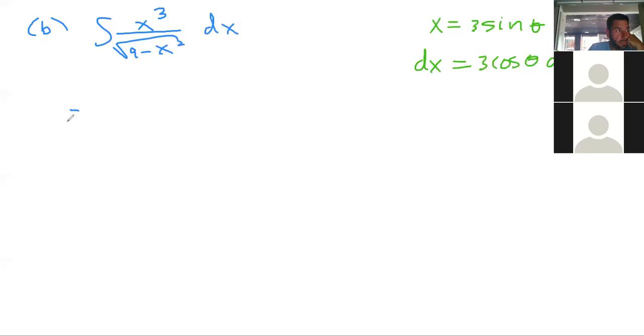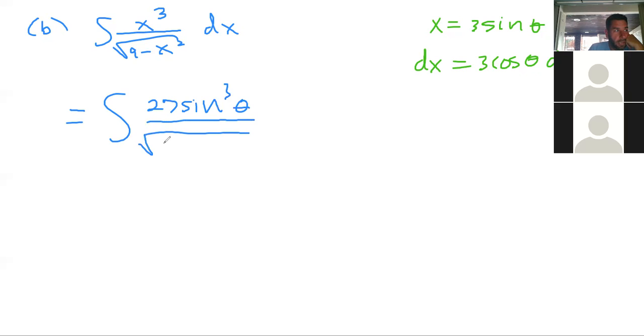And so when you plug in the substitution, you're left with 3 to the third, which is 27 sine cubed. And then downstairs, you get 9 minus 9 sine squared, and you have times 3 cos theta d theta. And then lots of this stuff is going to cancel out.